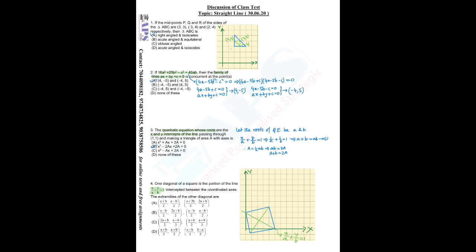So let us say this is capital A and this is capital B. These two can be easily found: this is a comma 0 because the equation is given, and this is 0 comma b. And this point is a by 2 comma b by 2. It is the midpoint of the diagonal, and this is 90 degrees.